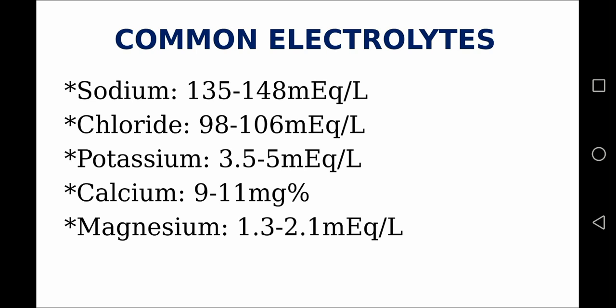Among these electrolytes, sodium, chloride, bicarbonate and calcium are mainly extracellular. Magnesium is an intracellular electrolyte, and coming to potassium, it is mostly an intracellular electrolyte and is present in lower concentration in the extracellular region.